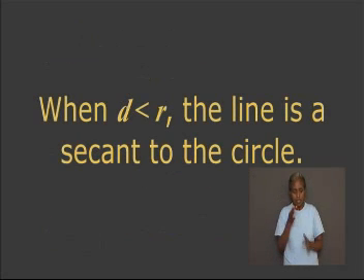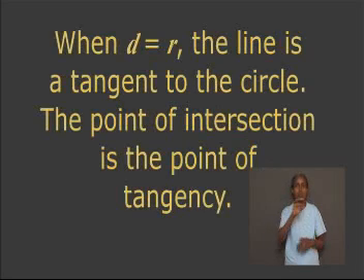If the perpendicular distance is less than the radius of the circle, then the line intersects the circle at 2 points. This is called a secant line to the circle. If the perpendicular distance is equal to the radius, then the line intersects the circle at only 1 point.